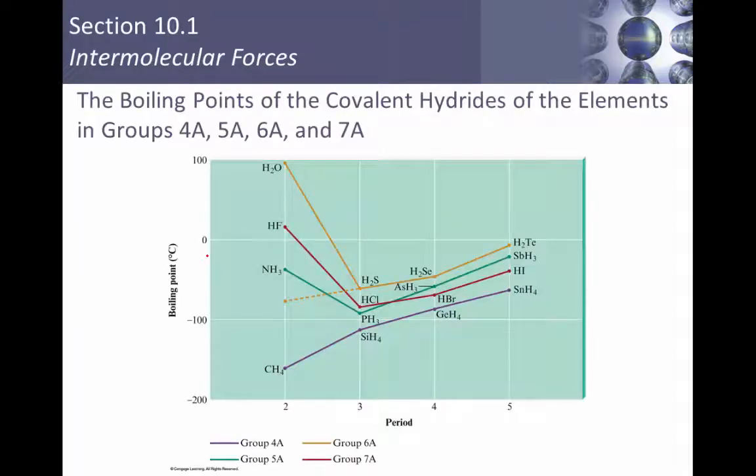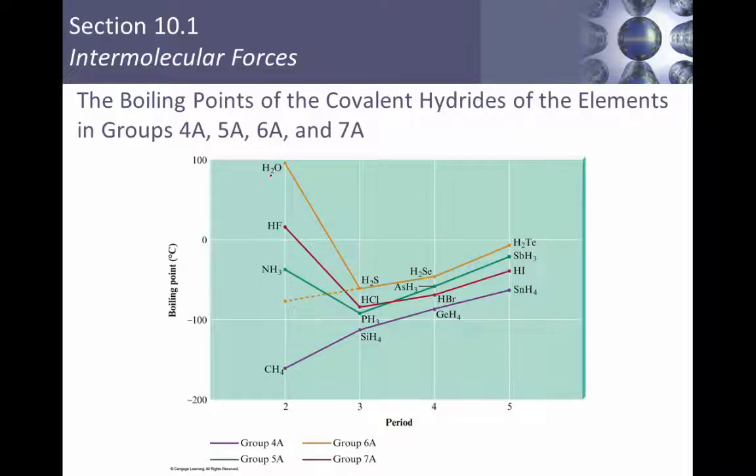Okay, here's a visual, a graph showing the different families. As we go across period 2, there's carbon, and there's nitrogen, and then we should have oxygen, and then we have fluorine. But oxygen is way up here.